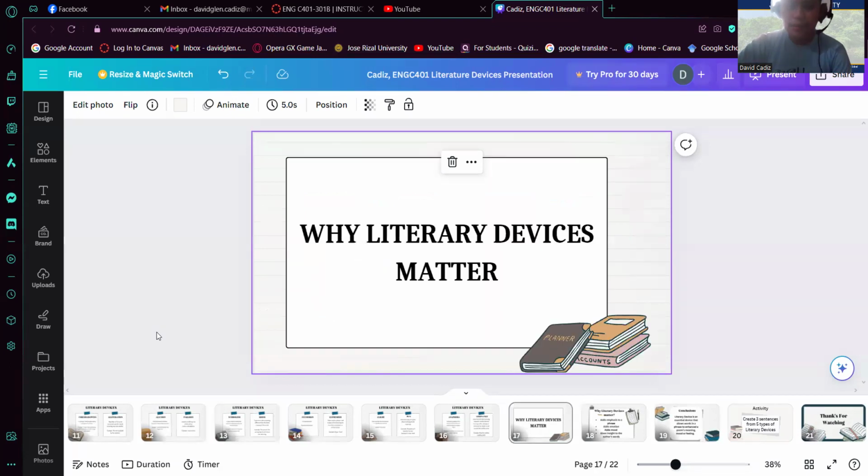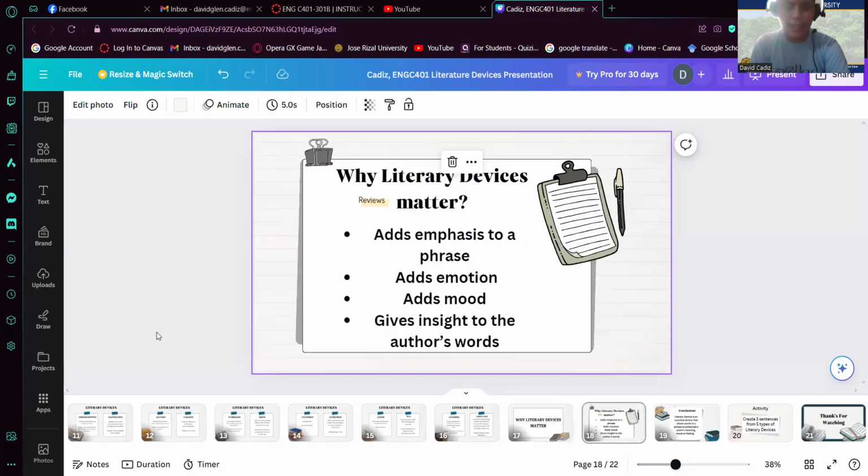Now, you may be wondering why we are even learning literary devices and why it matters. Well, literary devices are important because they add more emphasis to the phrase. They give it more emotion. They also create mood, and even give us insight into how the author words things. Without them, literary works would be plain and sometimes boring.